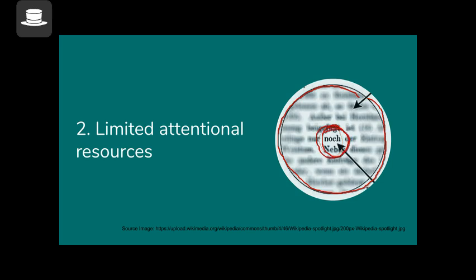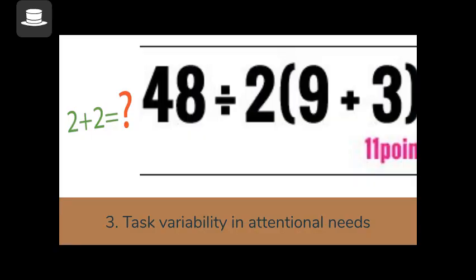The third idea. What is 2 plus 2? That's right, 4. What is 48 divided by 2 times 9 plus 3? Well, you're working on it, right? I'm pretty sure you'll find an answer to that, but you definitely did not answer it as quickly as you did for this one. The point I'm trying to make is the third attentional idea, which is task variability in attentional needs.